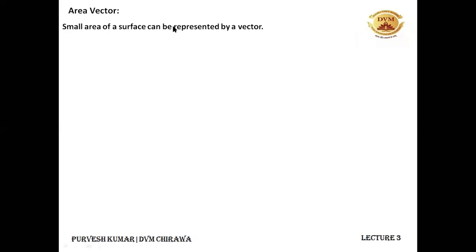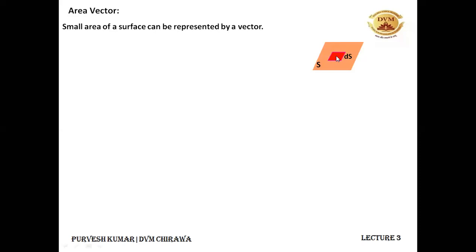A small surface area can be represented by a vector. And why so? So this is my surface. If I take a small surface from this surface S, that is my ds, and I can represent this ds with the help of a vector. Always remember that the direction of the area vector is always perpendicular to the surface.